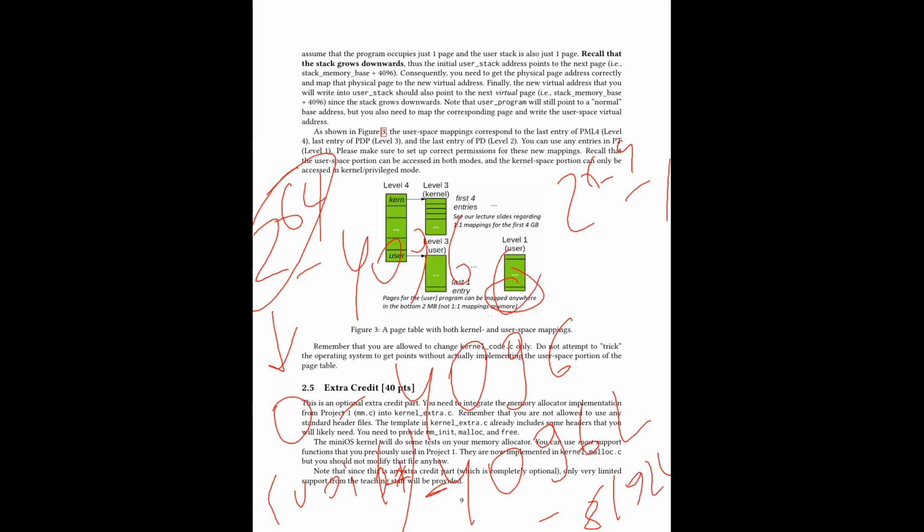Remember that you can use any of the last 512 pages. Just make sure that those that you don't use you initialize to 0, but those 2 pages that you use for the user program and user stack, you initialize correctly. Again, uprogram contains the physical address, treat it as the physical address, but user_program is going to be your virtual address.